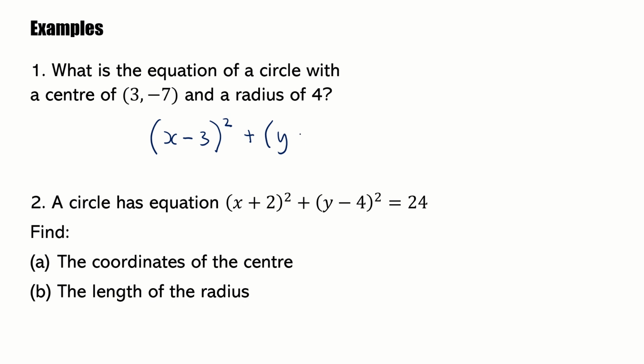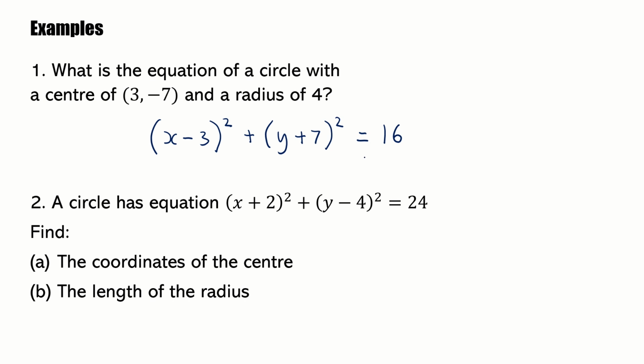Now you could write minus minus 7, but that of course is then positive 7. So it's y plus 7 squared, and then that's going to equal the radius squared, so that's 4 squared, and 4 squared is 16. So that is therefore the equation of a circle with a radius of 4 and a center with coordinates of 3, minus 7.